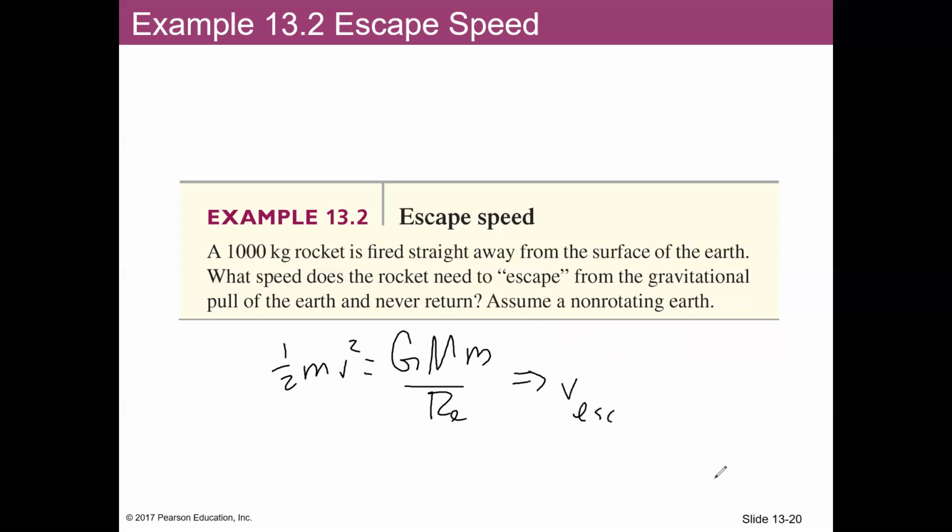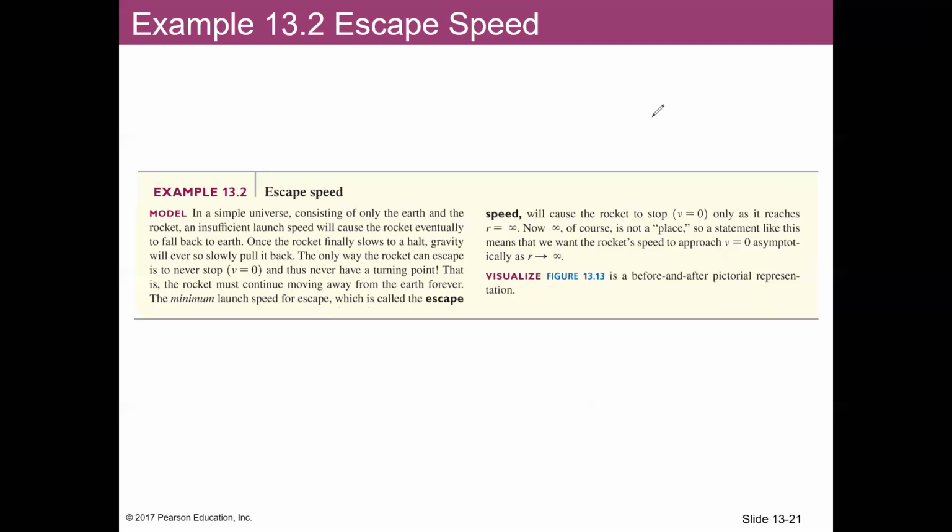V sub ESC equals, well, the little m's cancel, and so it ends up being the square root of 2GM over R, square root of 2 capital G capital M over capital R. And so you can look that up and do that calculation to find the escape speed of different planets, and pretty curious, we can go ahead and look at what answer they get here.